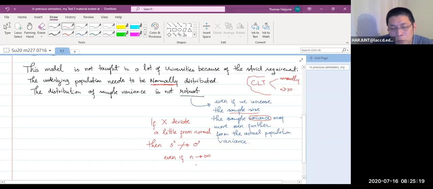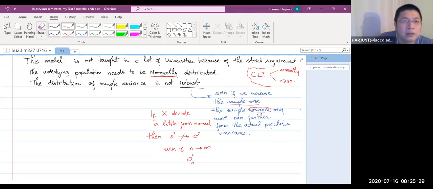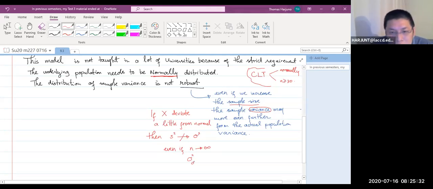Maybe to say further, the variance of the sample variance distribution, it's kind of hard to say, may explode to infinity.